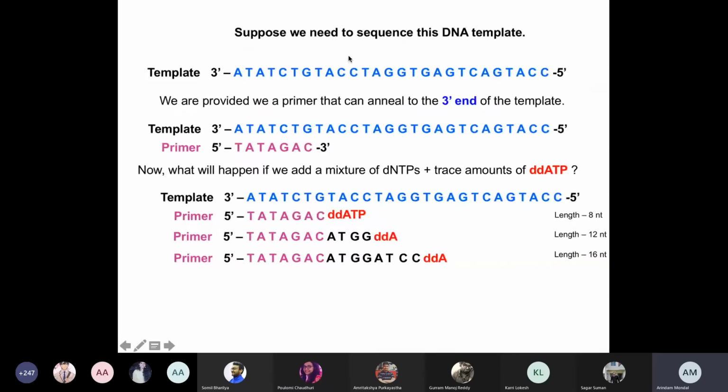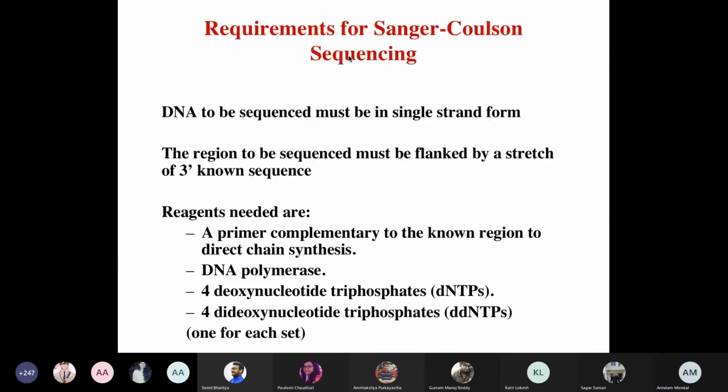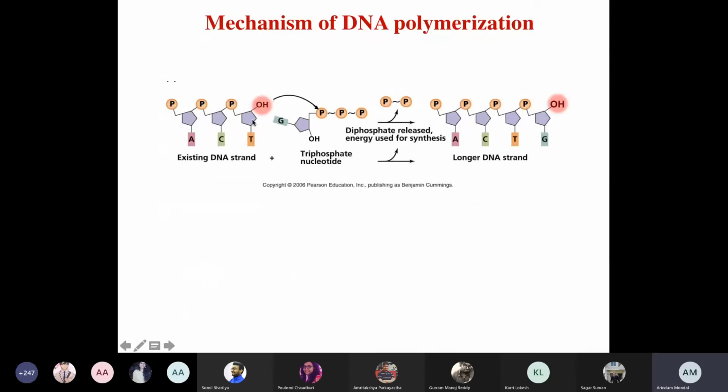Let me go back to, yeah, here. So you see, if this is a primer, you have a 3' OH. If you label this phosphate with radioactive phosphorus and use this primer for chain elongation, all of the primers, because they're radioactive, will generate radioactive fragments. So whatever fragments are generated will be radioactive.